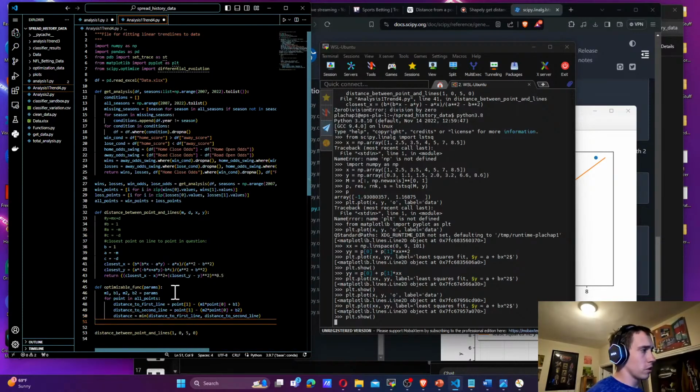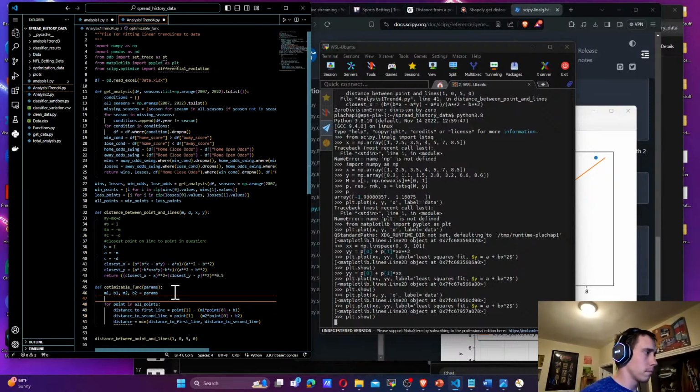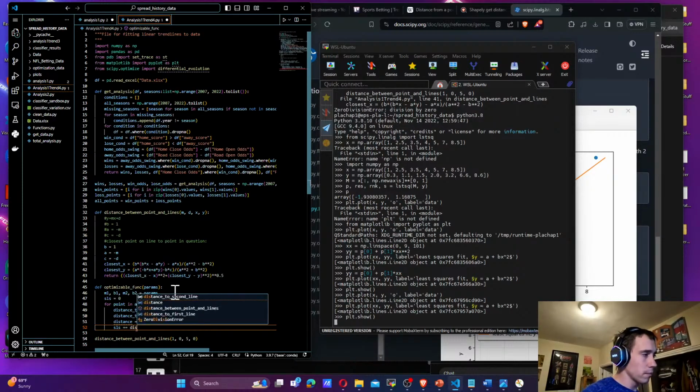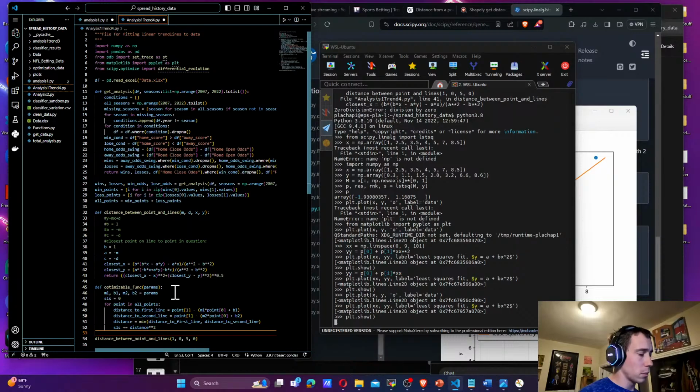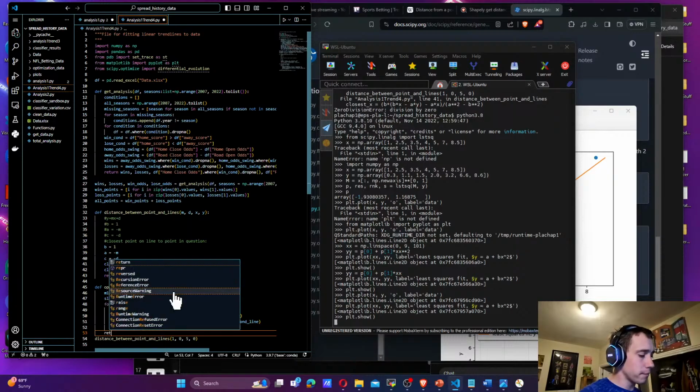Get the minimum of those, then SLS is equal to 0. Then here SLS plus equals distance squared. All right.